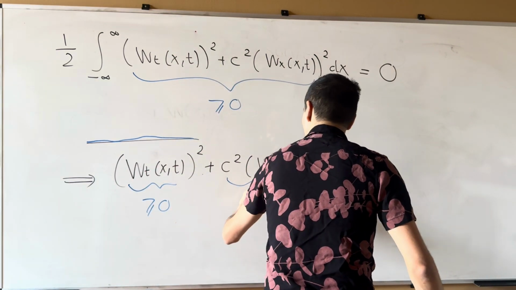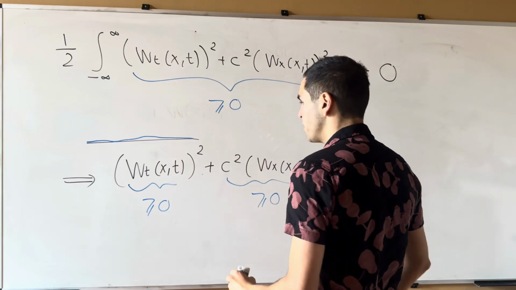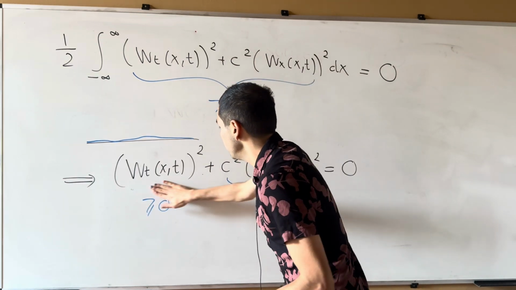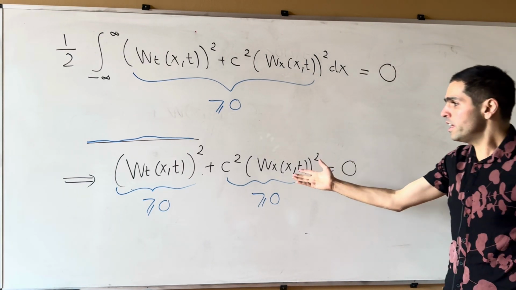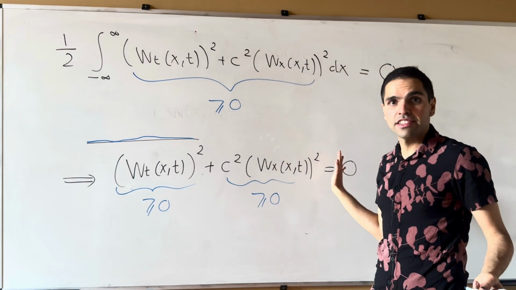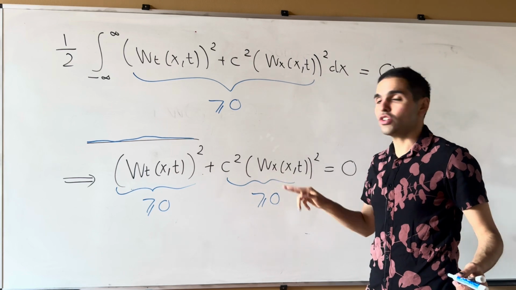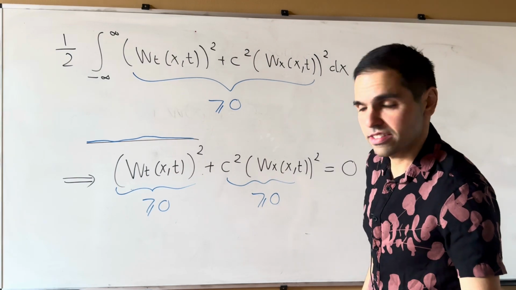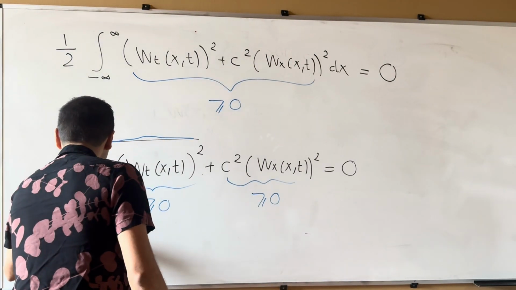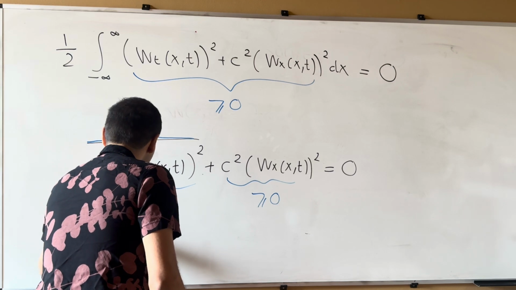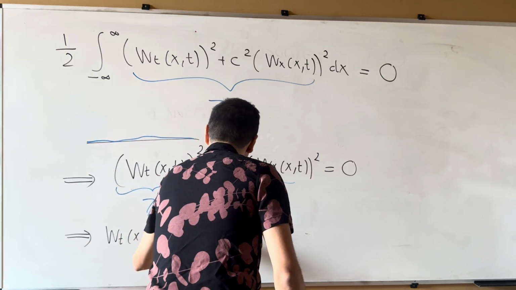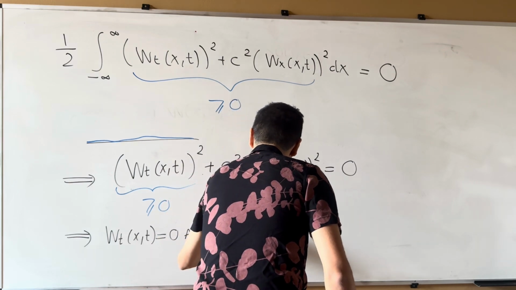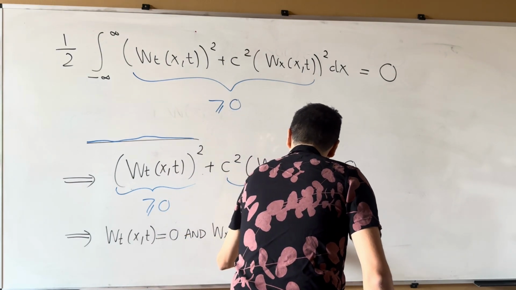So each of those is non-negative, like this. And the only way the sum of squares is 0 is if each of those individual things is 0. And so what we know is w_t(x,t) is 0 and w_x(x,t) is 0.